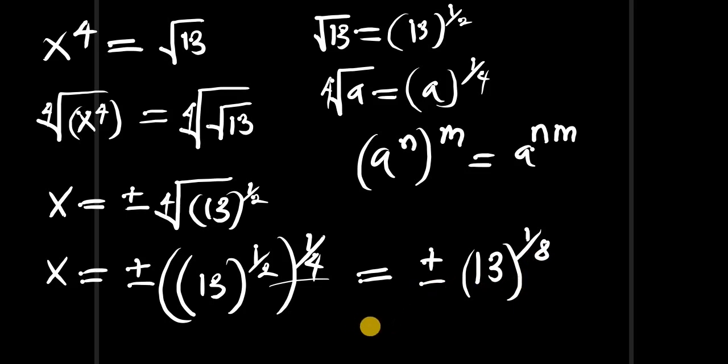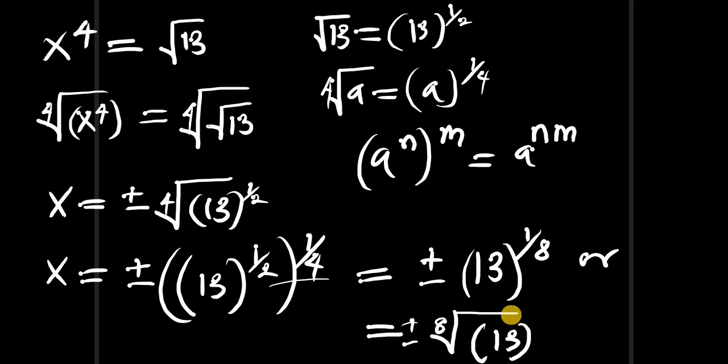So we have this as our value of x, or you can have plus or minus the 8th root of 13. And this is our final answer. We have positive or negative 8th root of 13 as our value of x, the only real solutions.